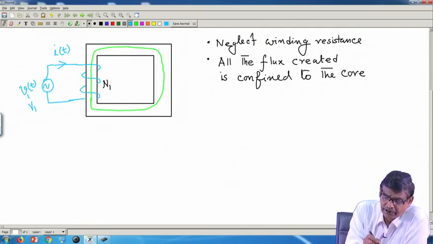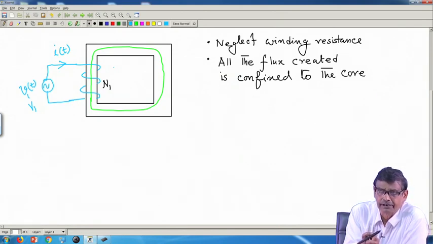Suppose it draws current, and this current will also be sinusoidal. Why will it be sinusoidal? Because your supply voltage is sinusoidal, there cannot be anything else.